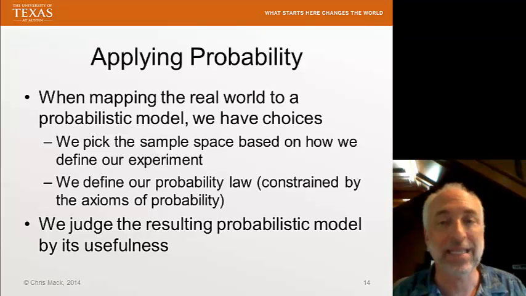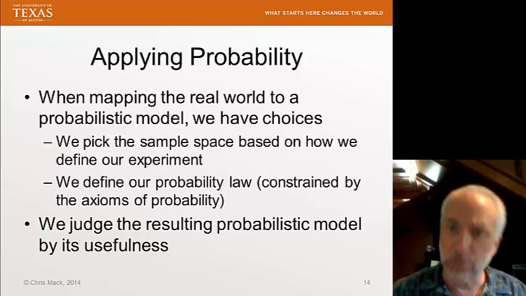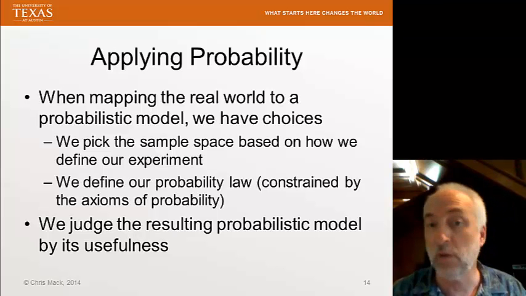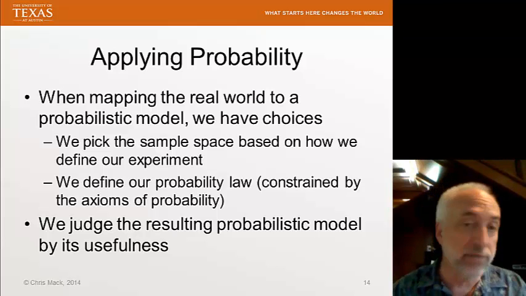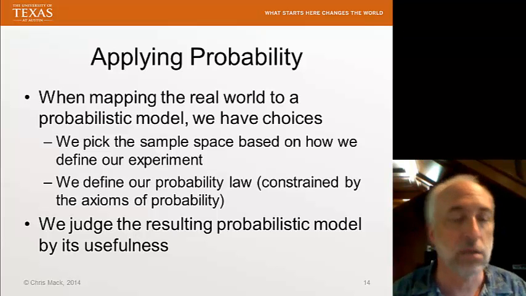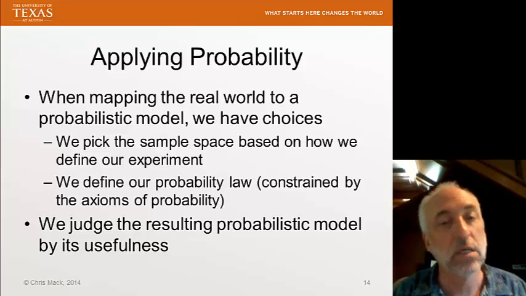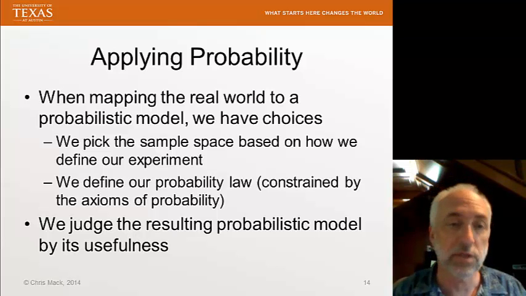First, we have to pick the sample space. Well, what is the sample space? Well, that usually depends on how we define our experiment. It's up to us to decide what an experiment is, and then, given that definition of our experiment, to list all of the outcomes that are possible, and that becomes our sample space.